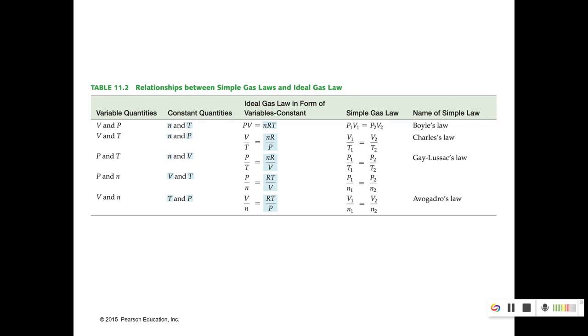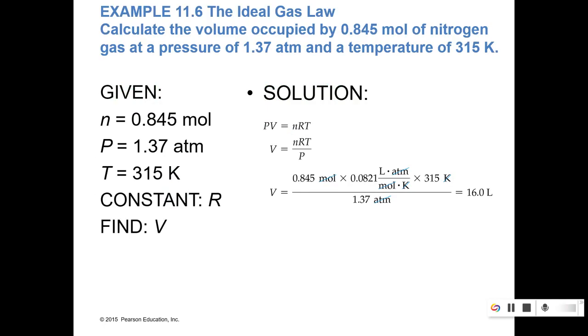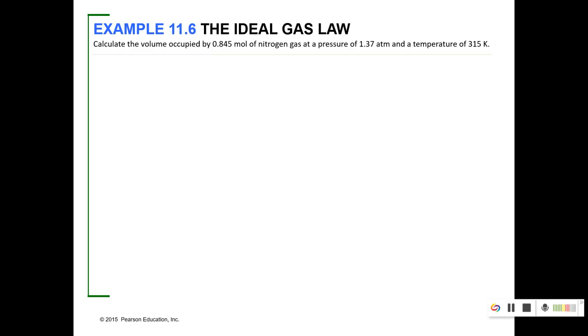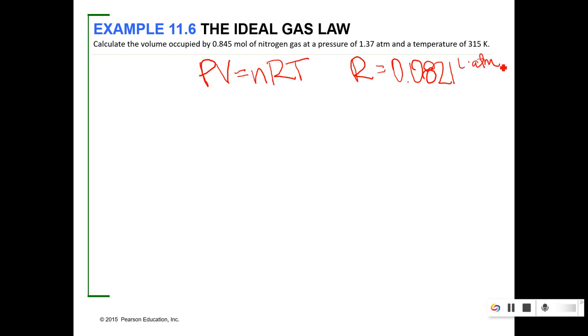Okay, so here it's just going through all of them, how we get it from the ideal gas law. Okay, they're solving some. Let's go ahead and solve one. So remember, PV equals nRT. The biggest thing is that you keep in mind pressure must be in atmospheres, temperature must be in Kelvin, volume must be in liters.